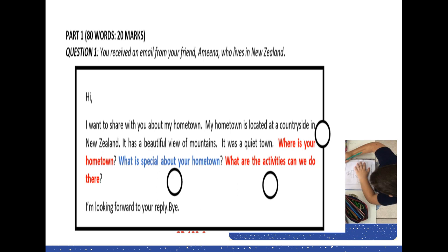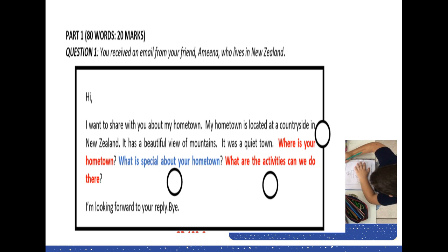It has beautiful views of mountains. It was a quiet town. Where is your hometown? That is content 1. What is special about your hometown? That is content 2. And what are the activities we can do there? That one is content 3.